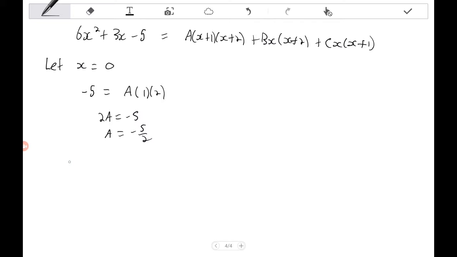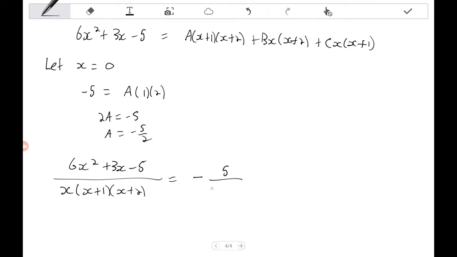Now what we do is shoot these values back into our original fraction equation, which would give us minus 5 over 2x on the bottom, add 2 over x plus 1, add 13 over 2 lots of x plus 2.